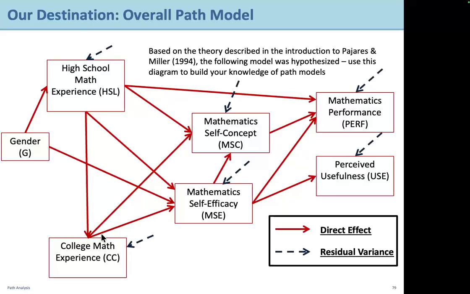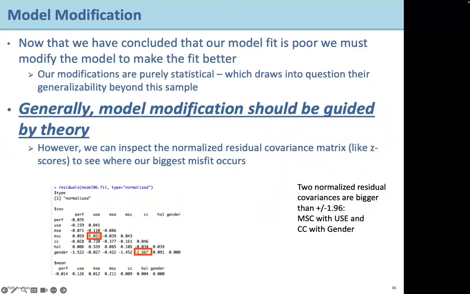So what I'm trying to get you to is the importance of theory in deciding this. From a mathematical perspective, this graph and the model it implies is the same as if we were to change perceived usefulness and flip that arrow over as well. Yeah, so it becomes a bit of an issue.